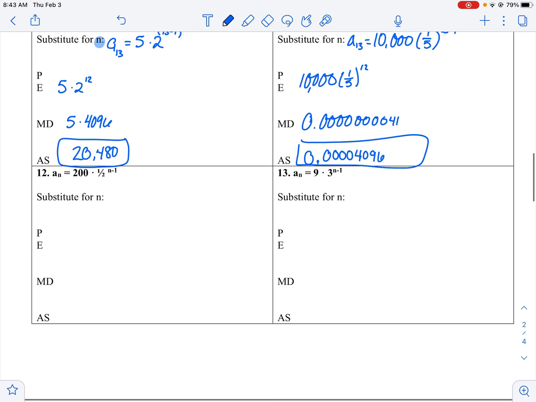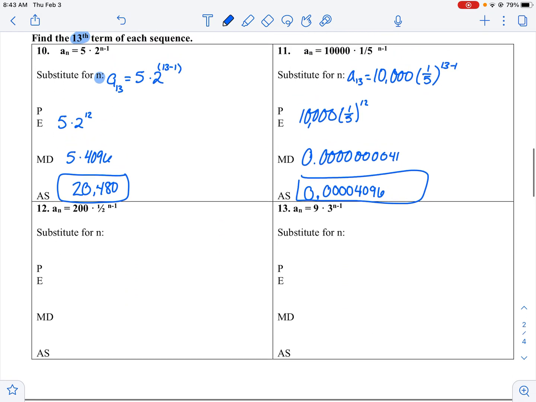Why don't you try 12 and 13 on your own, and then that will be it for the day. So I'd pause the video and then unpause once you've got your work done. All right, so this would be 200 times 0.5, or 1/2 to the 12th.